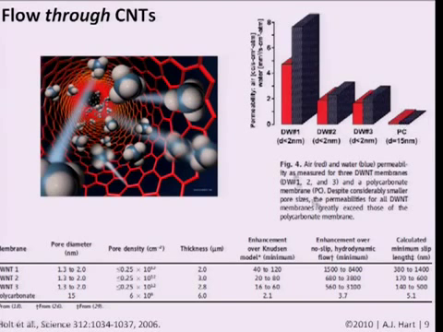And the reason why the nanotubes have much higher flow rates, even though their pore sizes are way smaller than the commercial membrane, is because of the effects I described before, and also because the pores through the nanotube membrane are continuous and straight. And the polycarbonate membrane typically has kind of a tortuous network of pores.